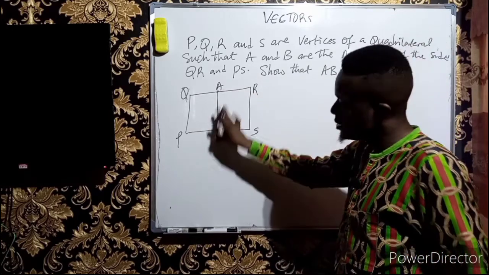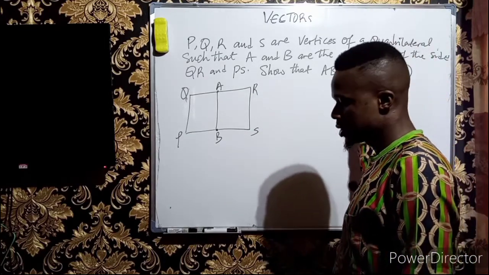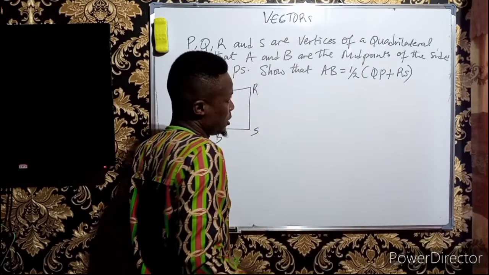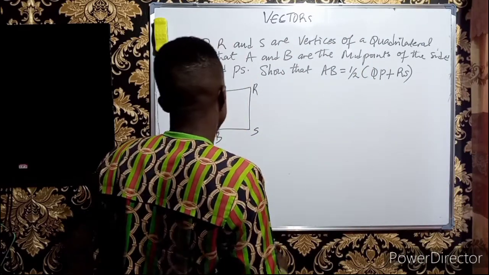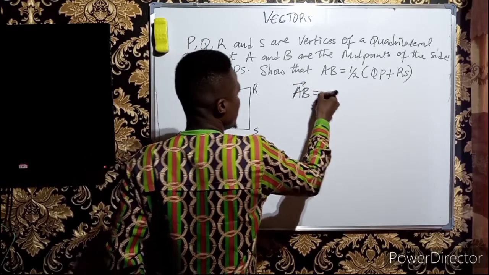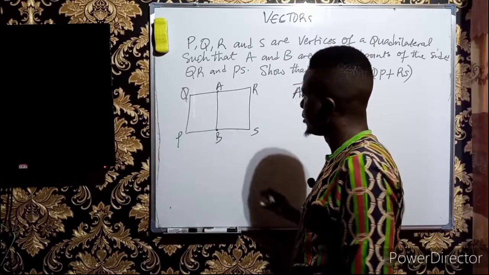So let us actually find the value of this AB to see how it may relate to the equation we are asked to show. Now, vector AB can be seen in two ways. I can go to my left, I can go to my right.